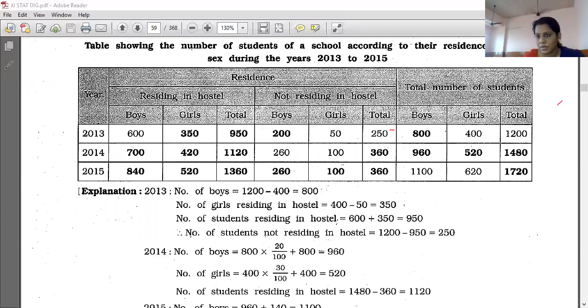So the total number of students studying in the year means you can't write in the grand total, right? In the year 2013 you have to write this. So in 2013 the total number of students is 1200.